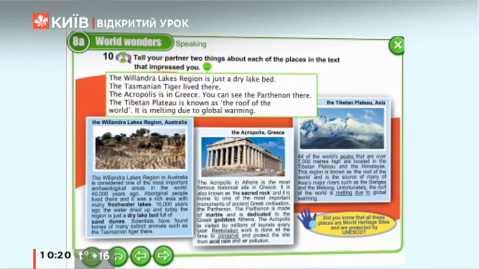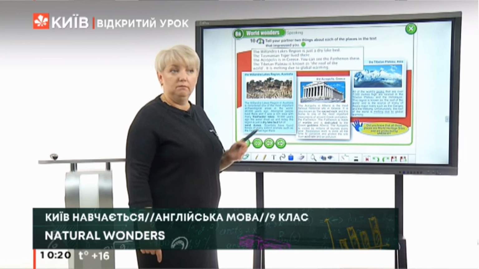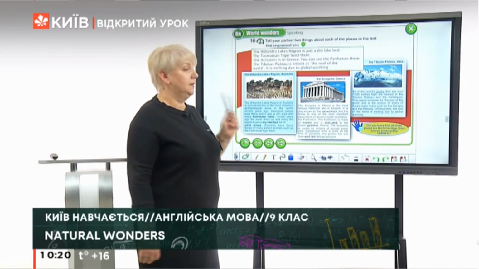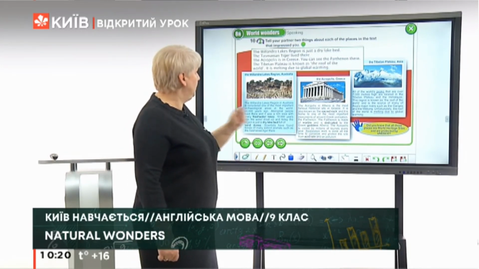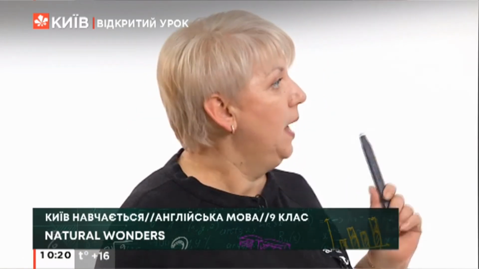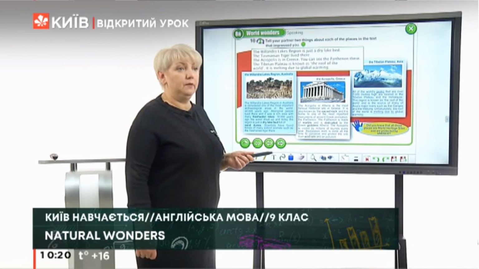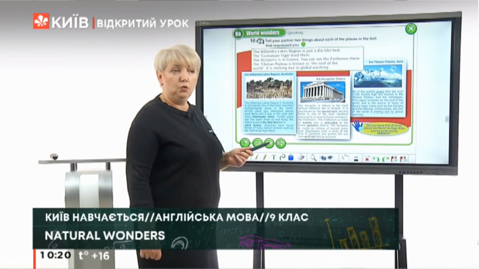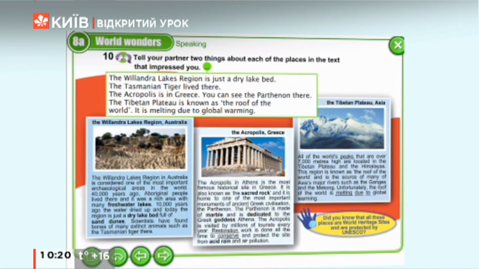The Tasmanian tiger lived there. That's amazing. Speaking about the Acropolis, it is in Greece. And you can see the Parthenon there. Do you know what the Parthenon is? What is a mark in history?